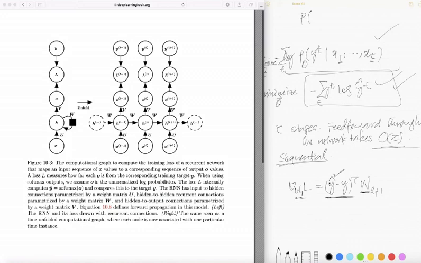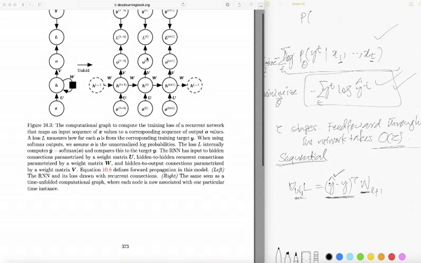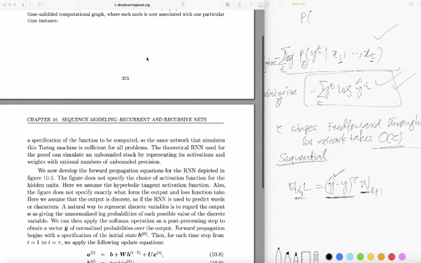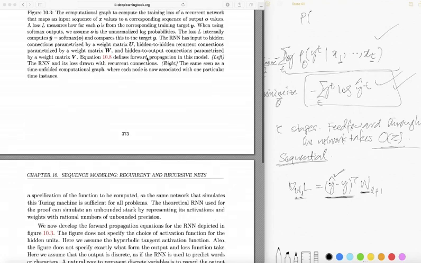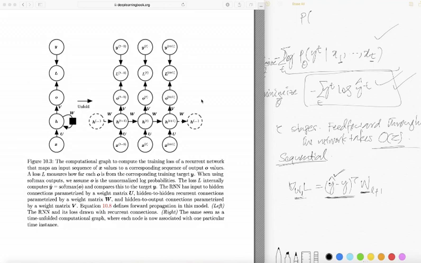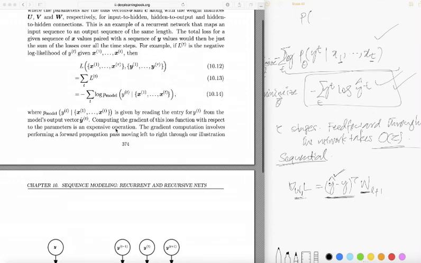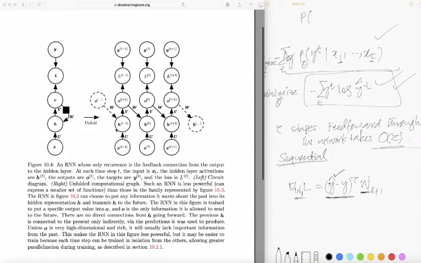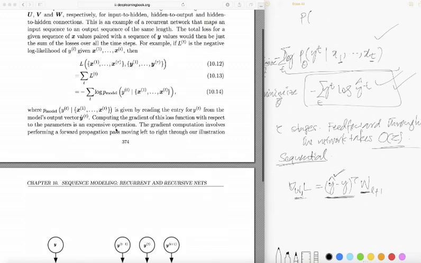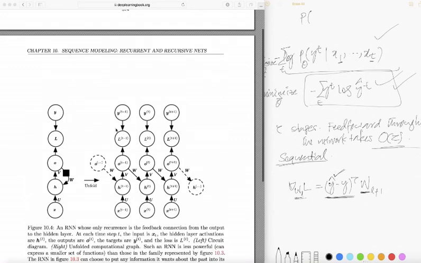I'll motivate it later, but just keep it in mind that this network is sequential, which is going to make the training a little bit slower because it has to back propagate through all the stages for the gradient calculation. Anyway, before I move on, let's just compute one of these gradients.